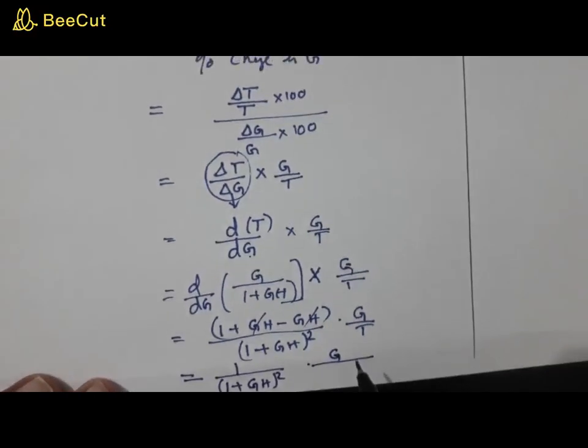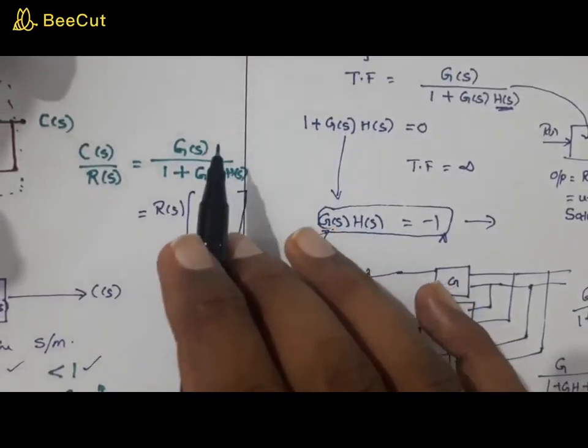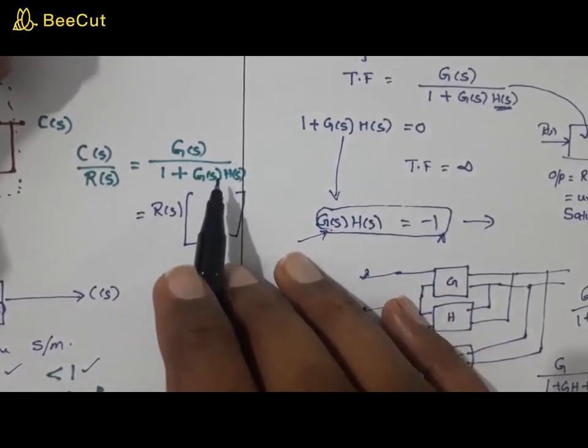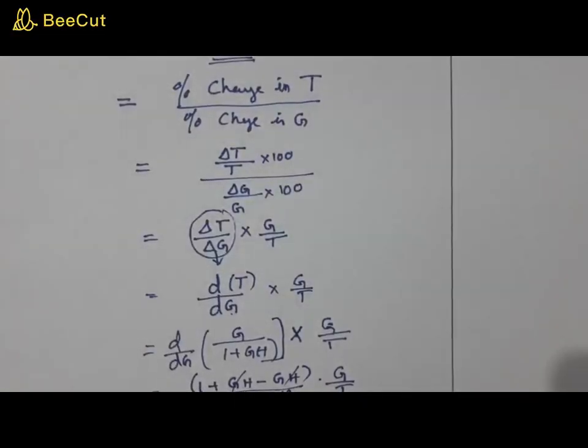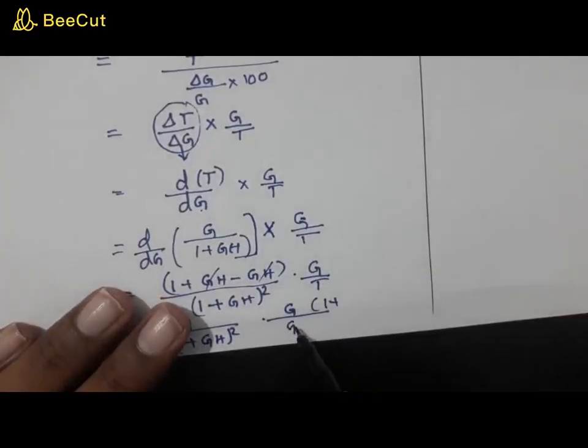T is actually, we have already studied it as G by 1 plus GH. Now at times we will be using G and S. We won't be specifying S; it is obvious that it is a function of S. So this will be G into 1 plus, so instead of T you will be writing this G into 1 plus GH, right?